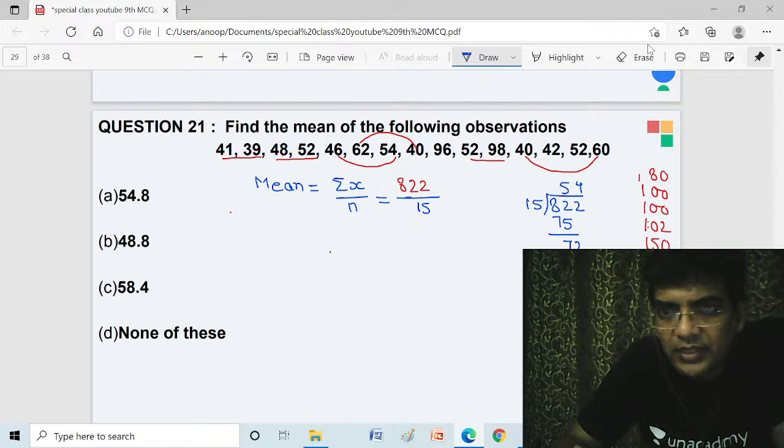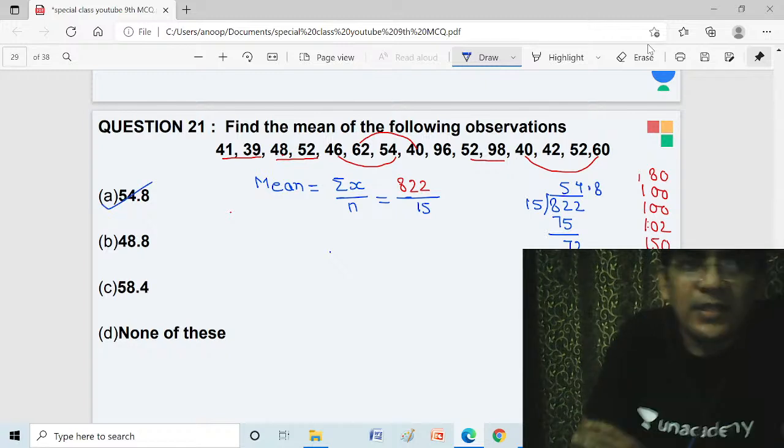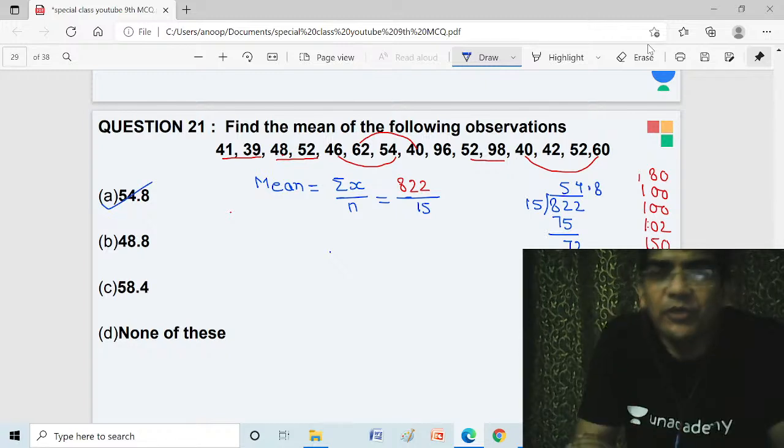Okay, so answer will be 54.8. So my answer will be 54.8. Hope this is clear to you now. They've asked us to find the mean of the following observations. So we have added all these observations, that will be known as summation x, and then you will divide it by the number of observations, those are 15.